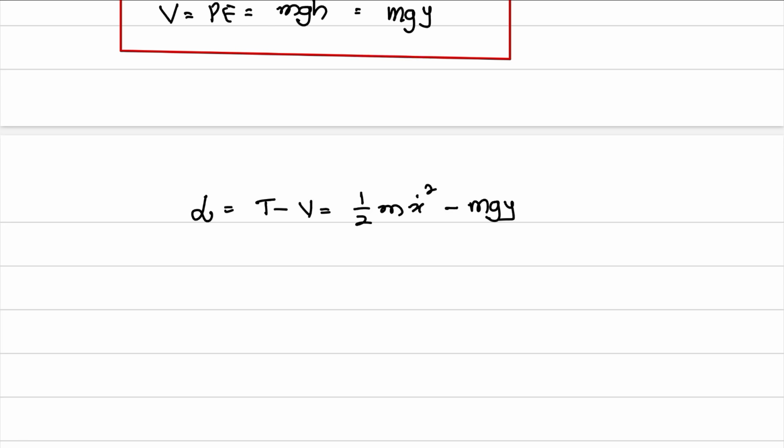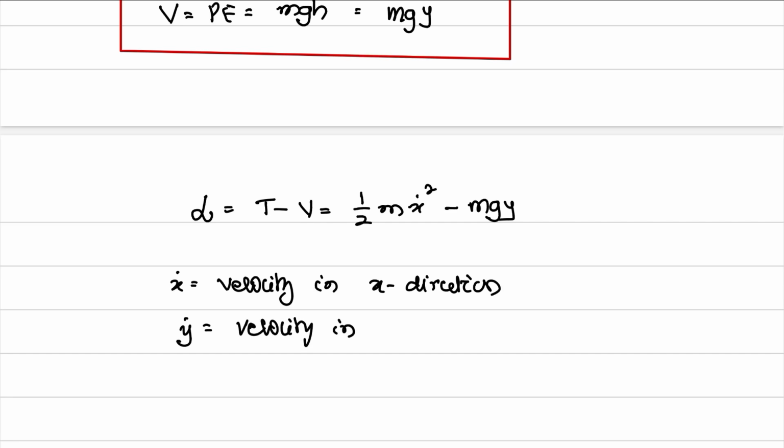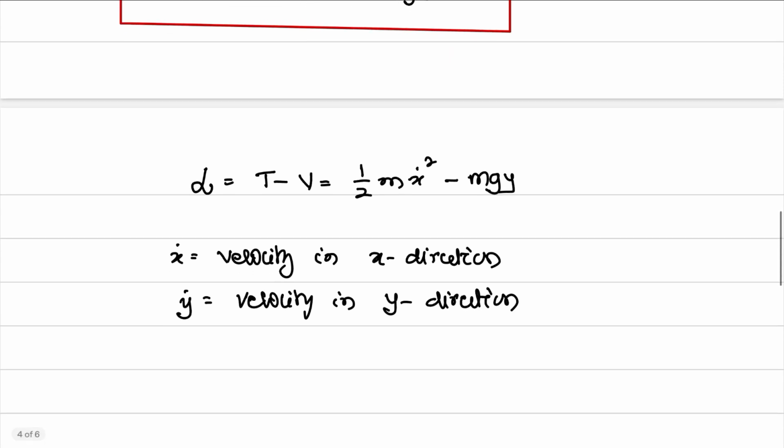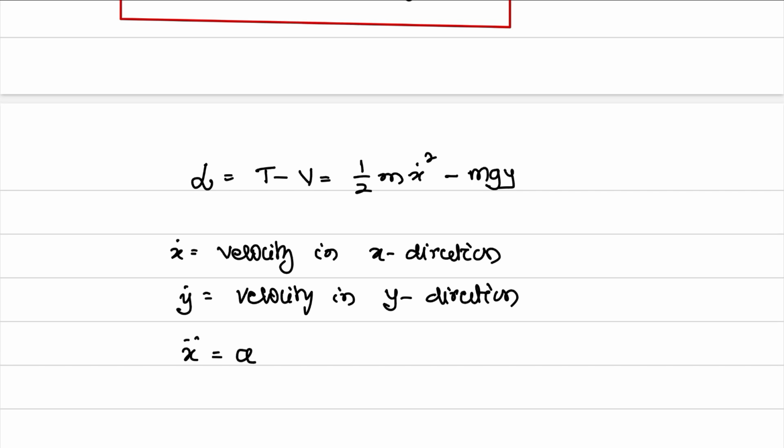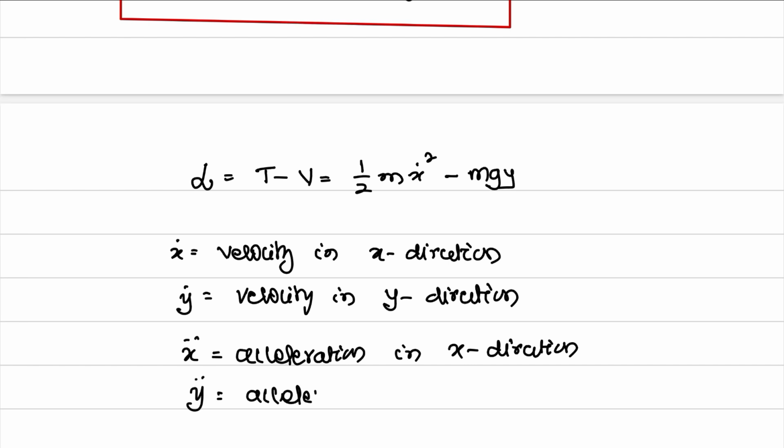For example, x dot is the velocity in x direction. Y dot is equal to velocity in y direction. X double dot is equal to acceleration in x direction. Y double dot is equal to acceleration in y direction.